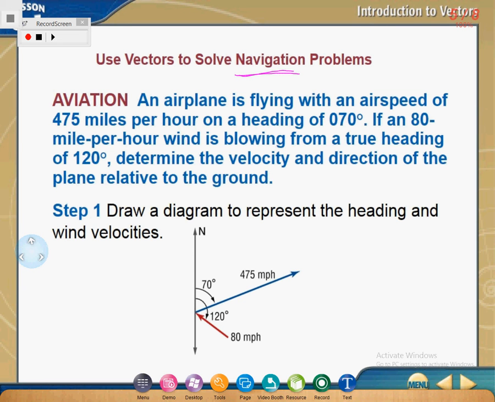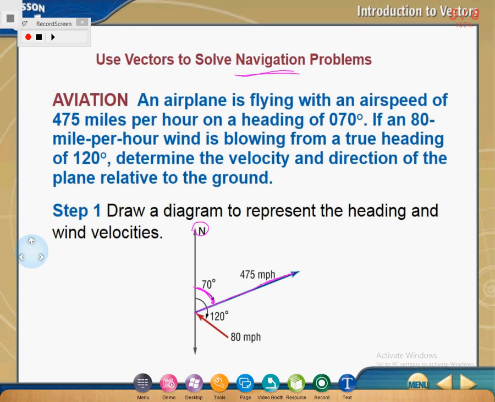An airplane is flying with an air speed of 475 miles per hour on a heading of 70. A heading of 70 means, again, we are starting from north and we go this way. This is our vector, the blue one. The magnitude is 475.